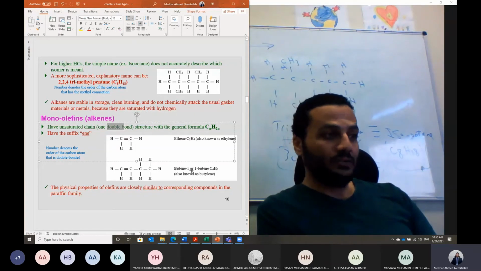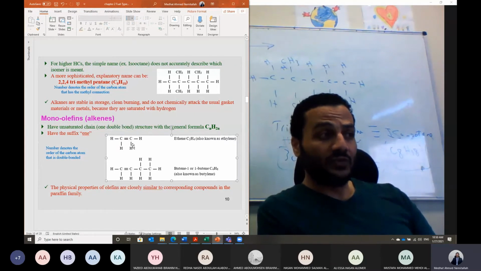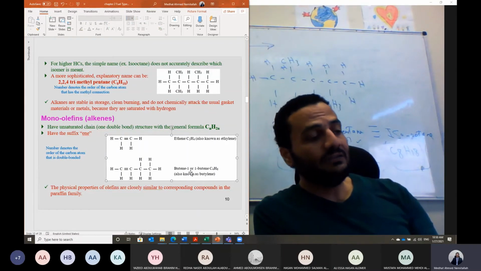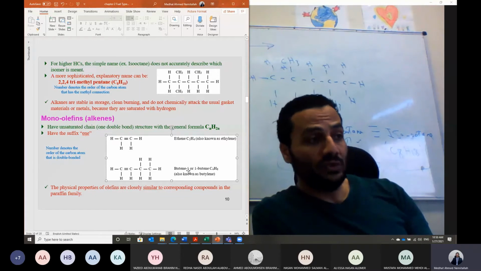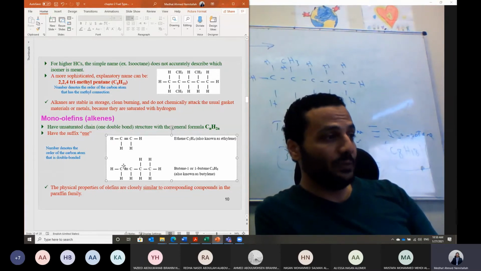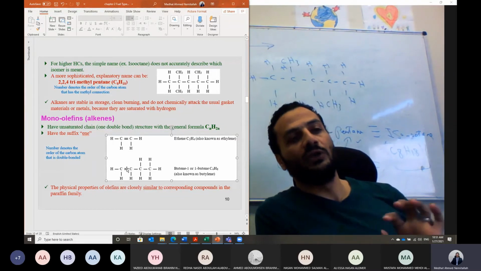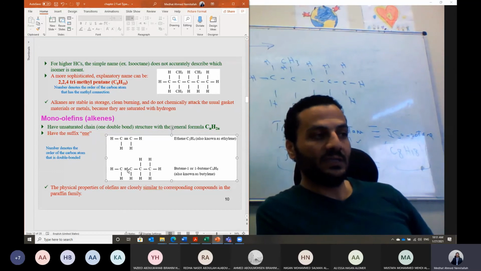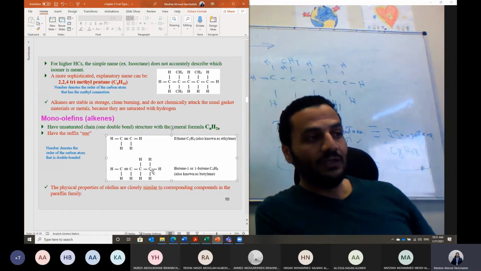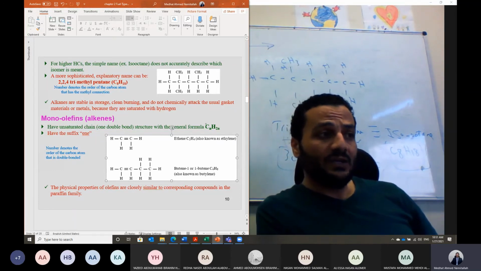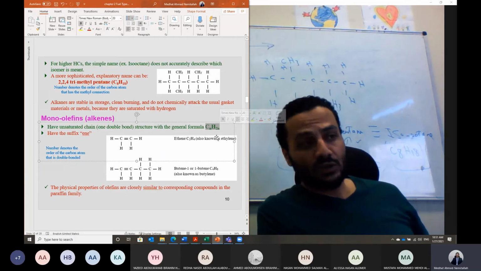But what about the case of higher hydrocarbons? We have more than 2 carbon atoms, like when we say butene. In this case, I have to write down butene 1. Butene 1 means that we have this double bond after the first carbon atom. This is the double bond, and it is of a chain structure, and the chemical composition is CnH2n.